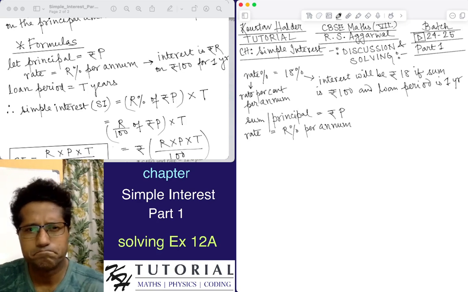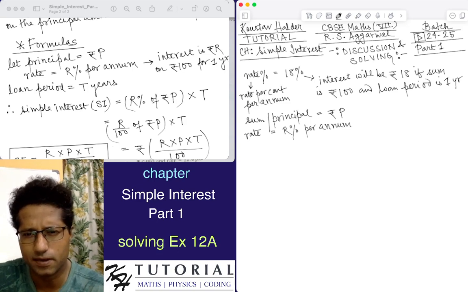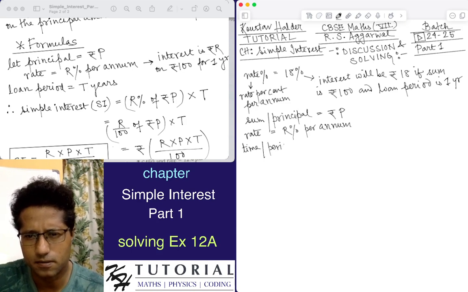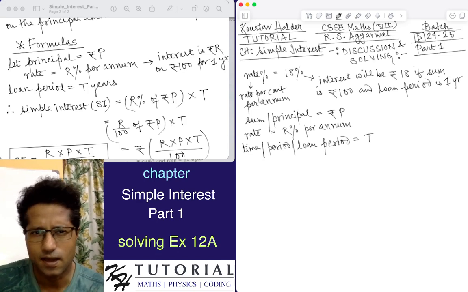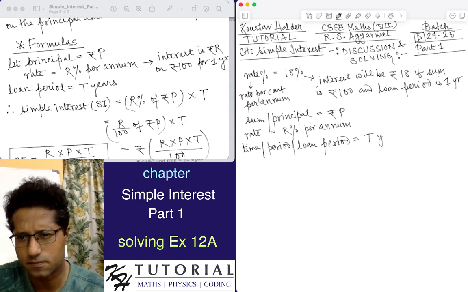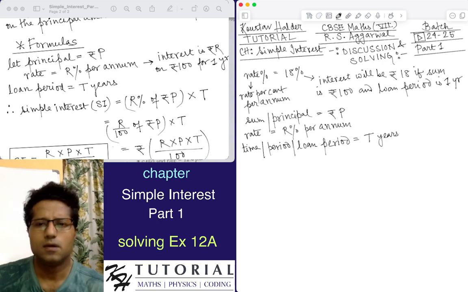And we have loan period or time. These all mean the same thing. Let's say time or period or loan period equals T, and this is usually in years, T years.